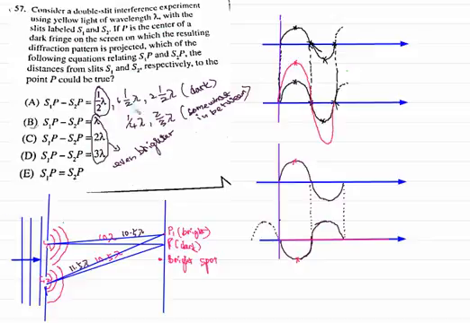That means when you subtract the distances, you end up with either a half, 1.5, or 2.5. If this is the case, then the answer would be this, when you have dark fringes on the screen, assuming that it is actually total dark, not somewhere in between. That's it.